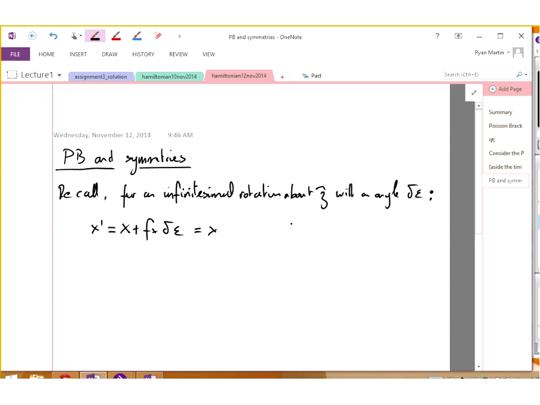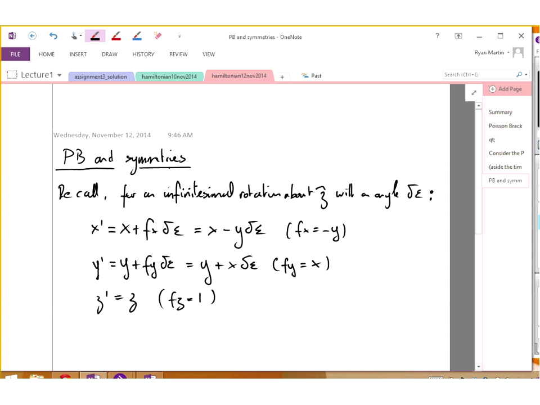We found that that was equal to x minus y delta epsilon. So we found that fx was equal to minus y. y prime was equal to y plus fy delta epsilon. We found that that was equal to y plus x delta epsilon. And so we found that this coefficient fy was equal to x. And then z prime was equal to z. So fz was equal to 0, sorry.